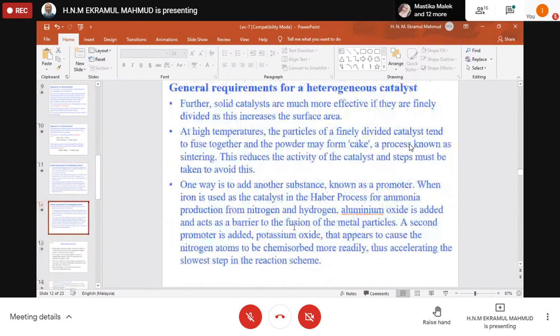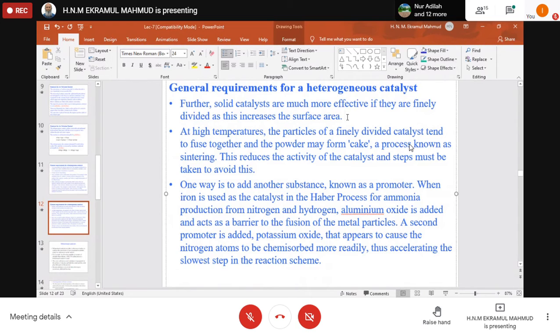So furthermore, solid catalysts are much more effective if they are finely divided, as this increases the surface area. So surface area is another criterion for the catalyst to be considered.